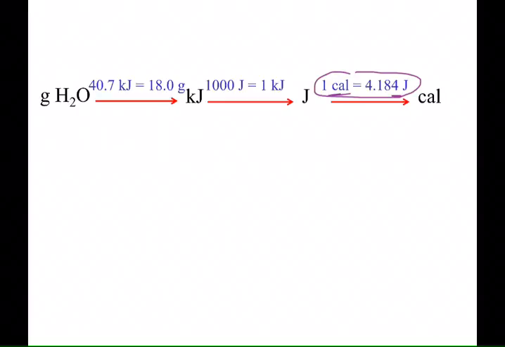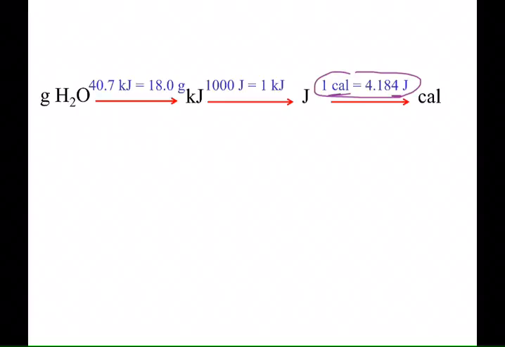The kilo prefix always means 1,000 times the base unit, so 1,000 joules is equal to 1 kilojoule. Once we have joules, we're ready to go to calories using that relationship from the previous slide. This is an exact relationship because it's by definition: 1 calorie is exactly equal to 4.184 joules.